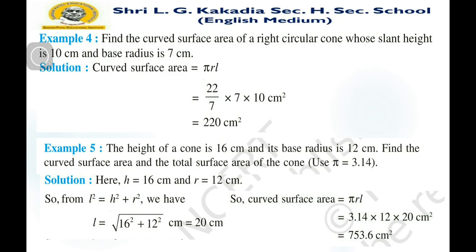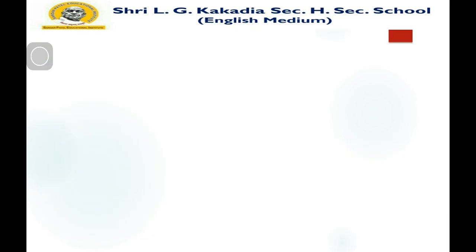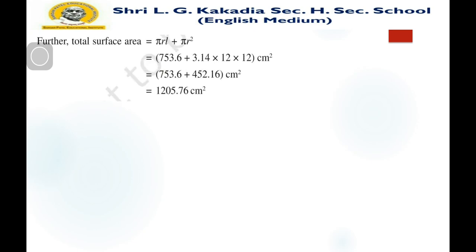Now we want to find the total surface area of the cone. Total surface area means the curved surface area plus the base. Its base is a circle, so we take the area of a circle. Then total surface area is equal to pi r l plus pi r square.